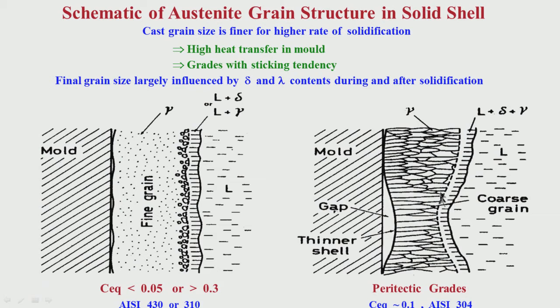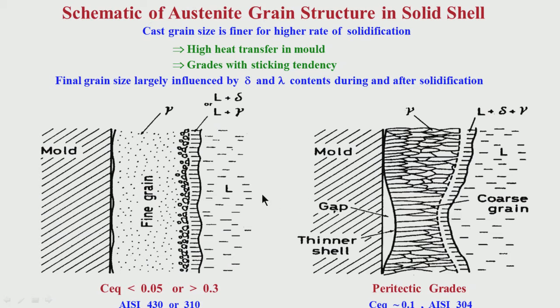So, we have coarse grains, though it is relatively magnified, you do not have so much of coarse grain. This has been done just to distinguish between the two characteristics, but nevertheless I will show you what the cast grain sizes are that you get during casting of different carbon chemistries.